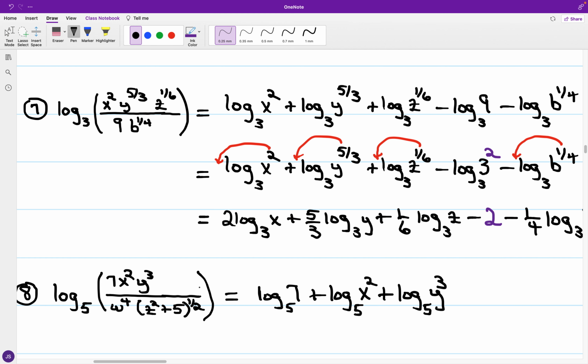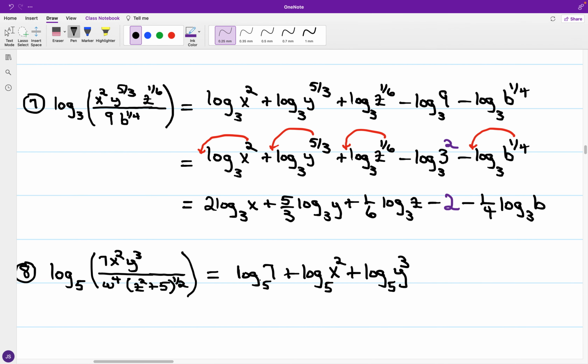Again, the attachments are in the numerator, so we're going to have positive base 5 logarithmic terms spun out. And for what we have in the denominator, we'll have the creation of negative base 5 logs. So here we'll have minus the base 5 logarithm of w to the 4th.